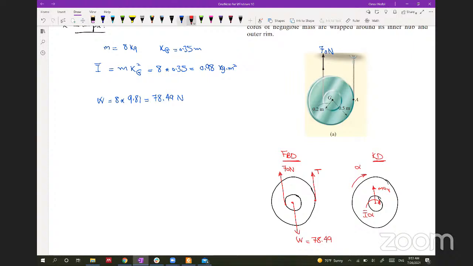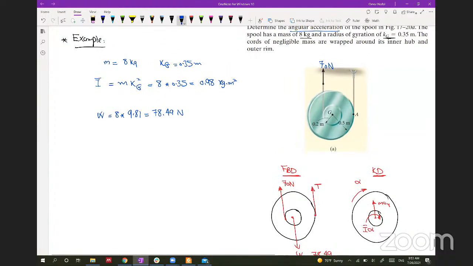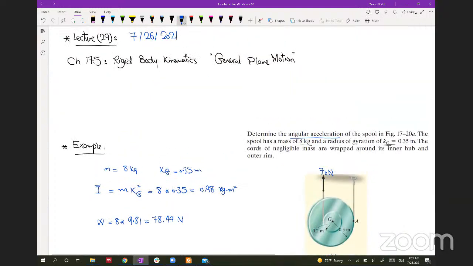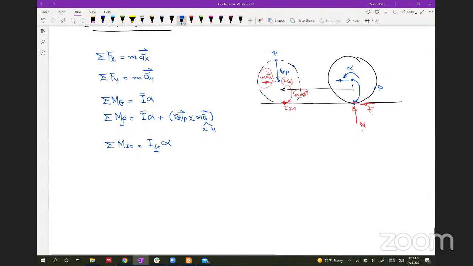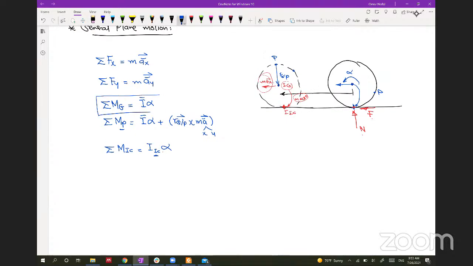Okay, so the next step is to write the Newtonian kinetics equations. So let's get our first equation, and you can start with either one. You can start with the Y direction, or start with the moment. It doesn't make any difference. But let's start with the sum of the moments about G, which will be equal to I bar multiplied by alpha.